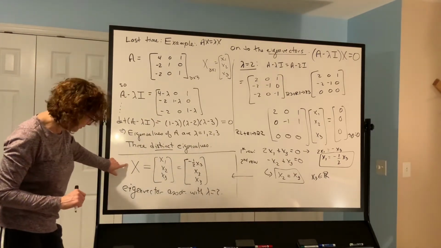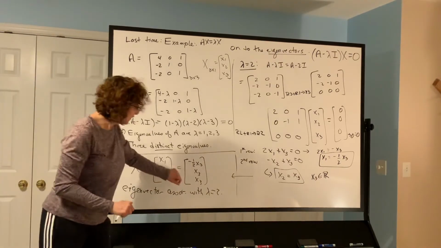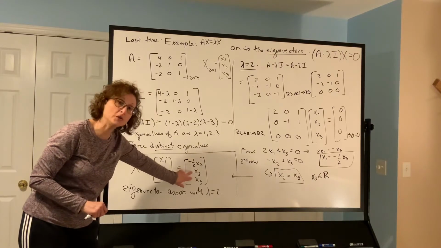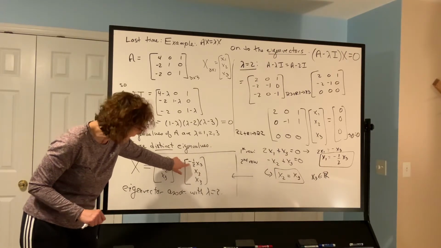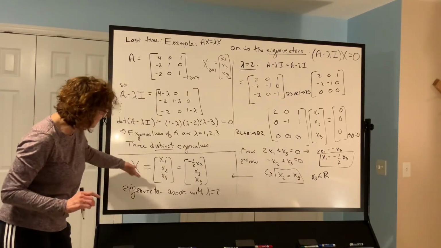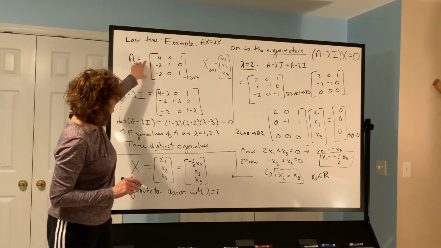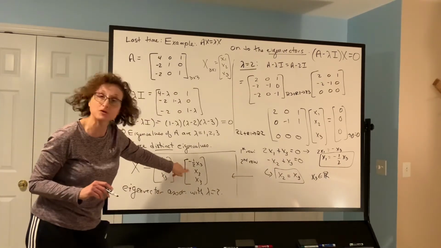What does that mean? Any vector of this form, where its second and third components are the same and its first component is minus 1/2 of the other component, will be such that multiplying this matrix times that vector is the same as just multiplying that vector by 2.